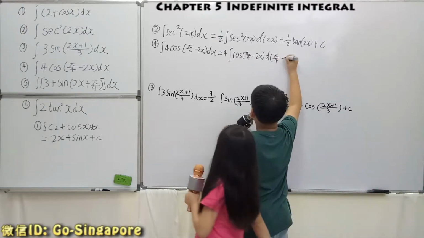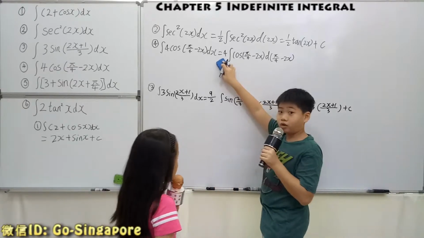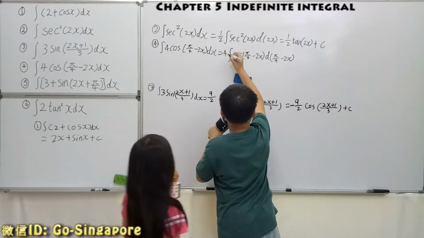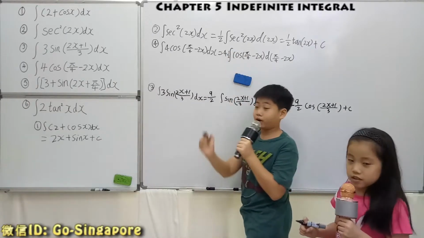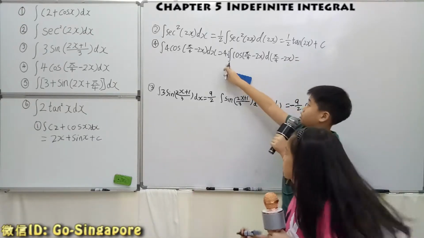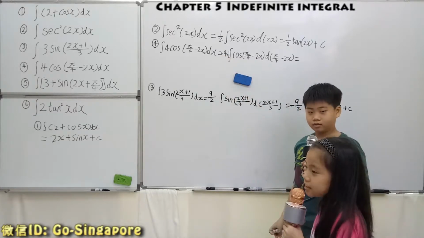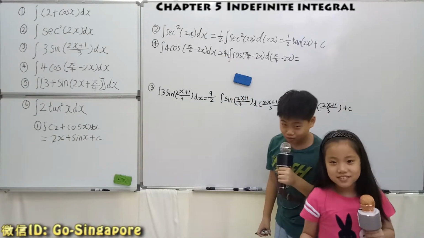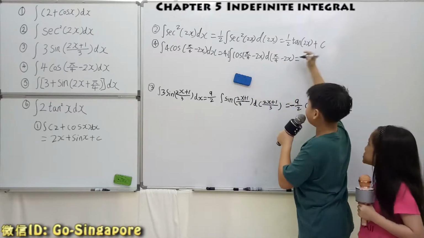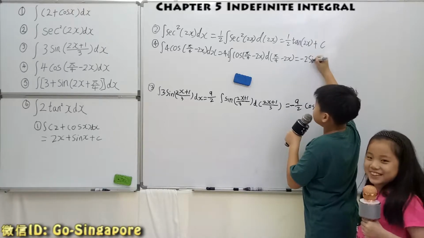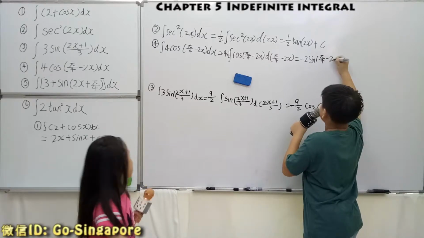So here's already a 4, right? Yes. Then you need this negative, and then you need to times another half. So it is actually negative 2, right? Yes. So this is negative 2 sine (pi over 4 minus 2x) plus the arbitrary constant.